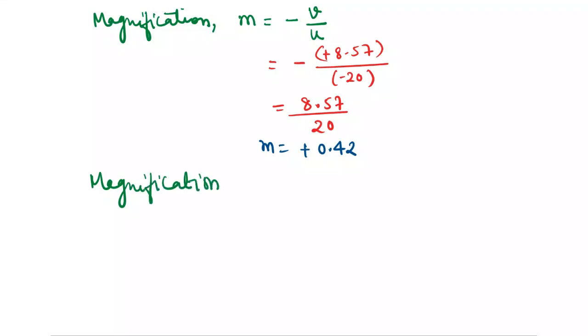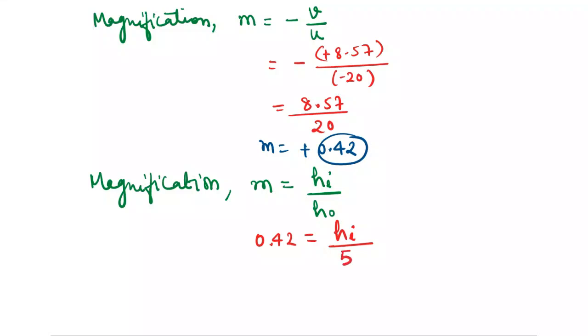Now we have another magnification formula that relates the height of the image and the object: m is equal to height of the image divided by height of the object. As we have the magnification, we can put in the value, 0.42 equals hi, the height of image, divided by ho, the height of object, which is already given in this question as 5.